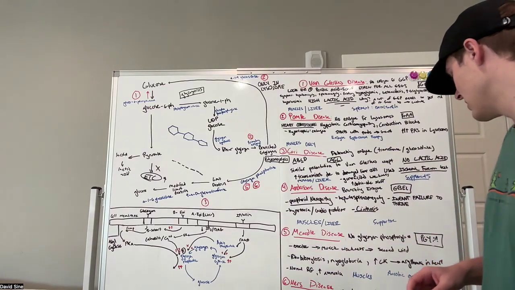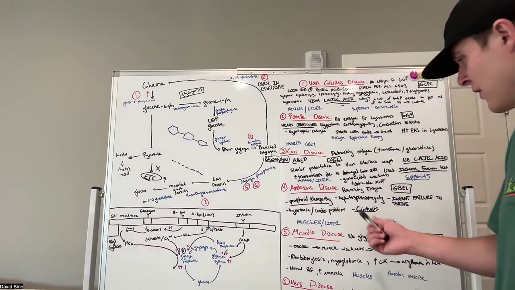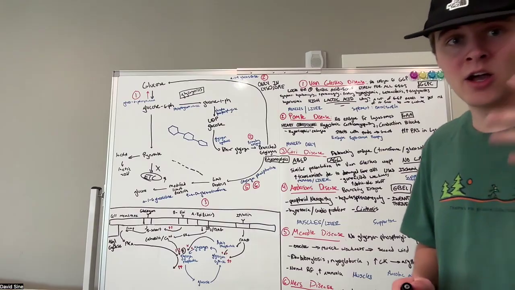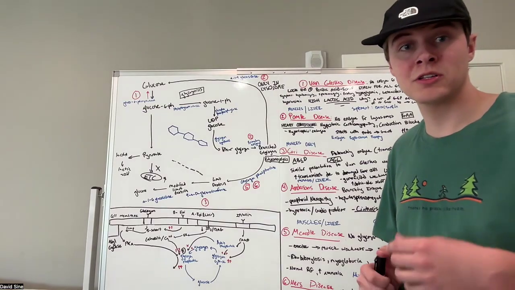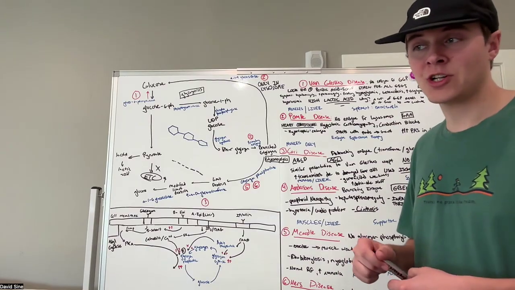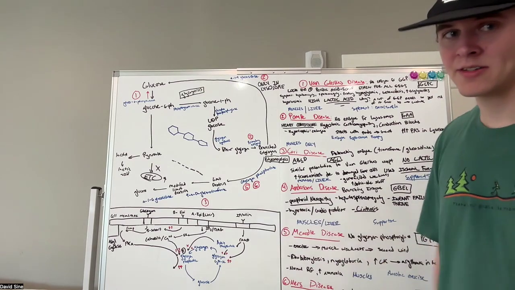So for Hers disease, it's just supportive care, and then for McArdle's disease, you can actually do some aerobic exercise and drink lots of quick glucose like Gatorade or something like that. That's metabolized fast, which can help get sugar to those muscle cells because they have no access to glycogen.